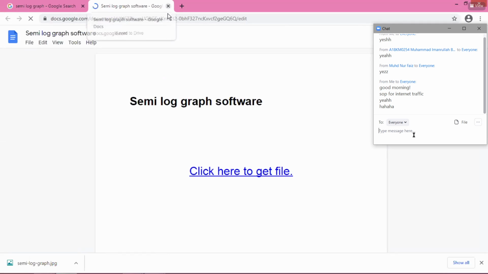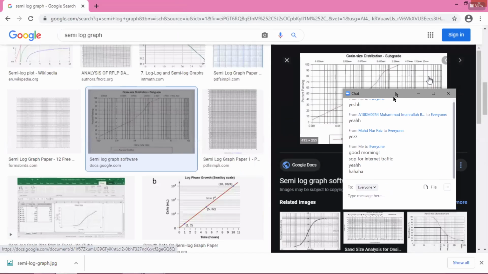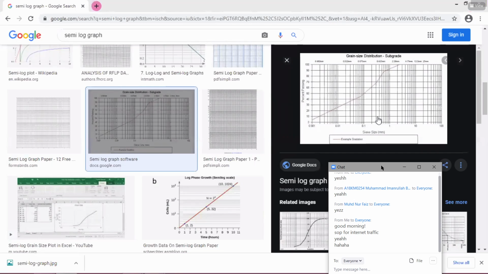All right, so here, this is a good one. So you have a log scale on the horizontal axis, and you have this linear scale on the vertical axis. So this is called the semi-log graph paper.